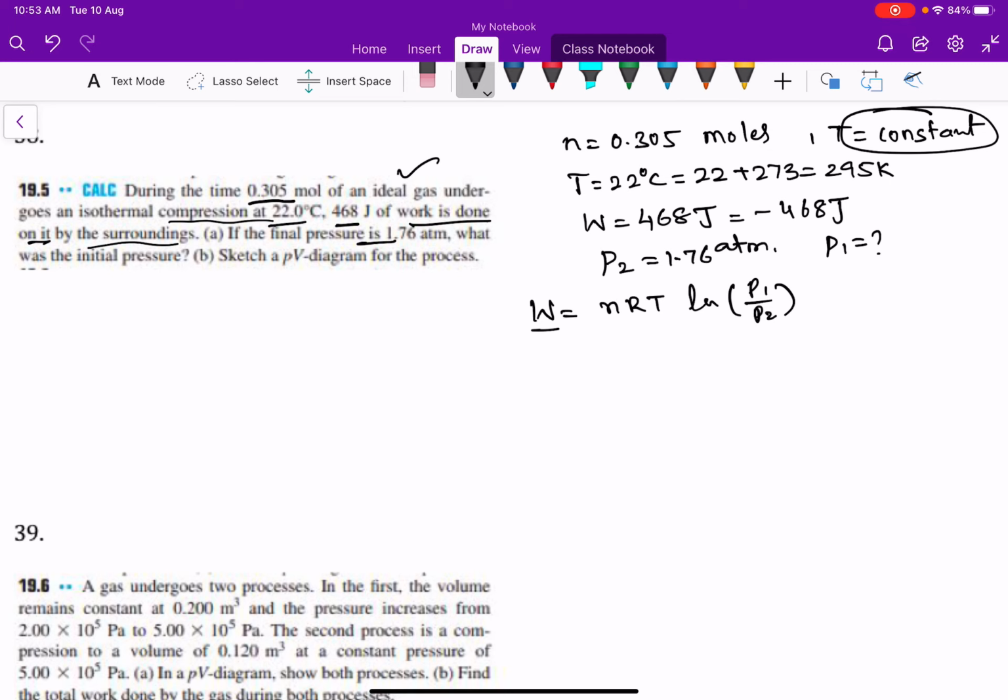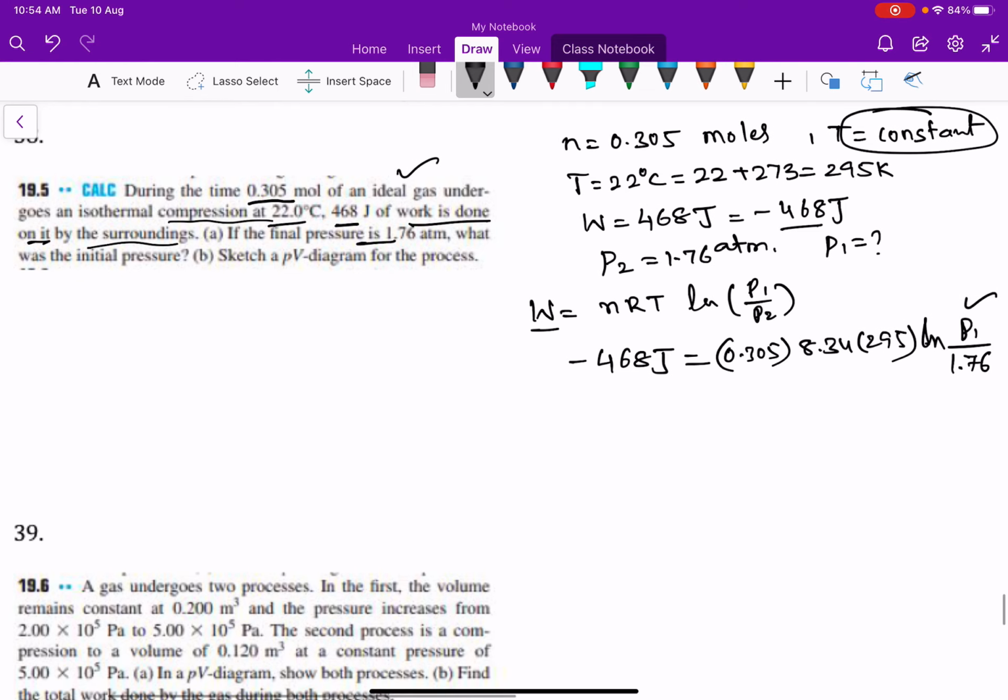Here work done is minus 468 joules, equals n is 0.305, into R is 8.314, into T is 295, into ln P1 divided by P2, which is 1.76. So the unknown thing is P1, so calculate the P1.